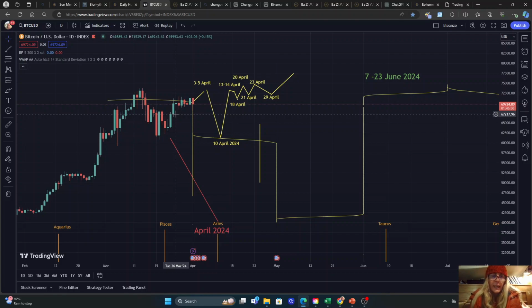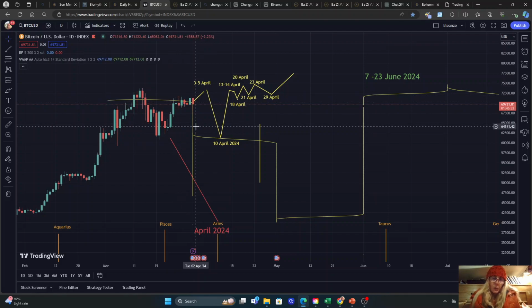So for the whole day it was alternating between red and green, red and green. At the end we got a tiny green candle with very long wicks, which basically means that the buyers and the sellers are equal amounts. So that was the flavor of the market in March.